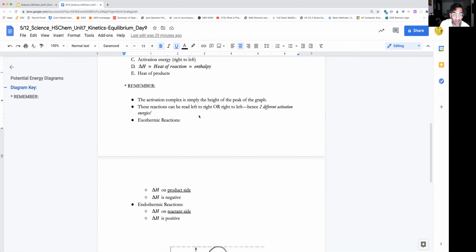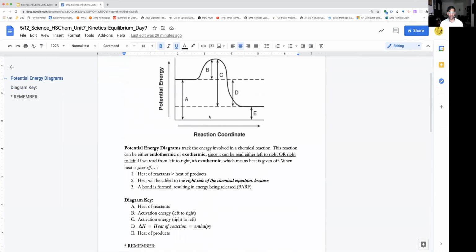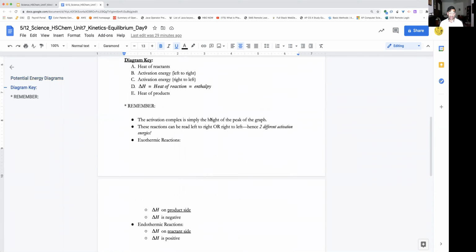All right, okay. And so in exothermic reactions, we also need to remember that our heat of reaction is going to be negative. In other words, if I'm taking heat of products minus heat of reactants, as we can see here, if I'm reading from left to right, E is lower than A. So I'm going to get a negative number for exothermic reactions. Okay, and that's because energy is released during them.